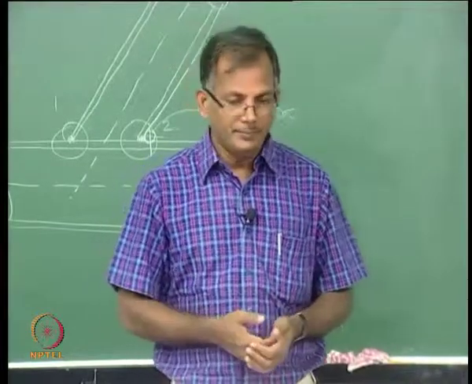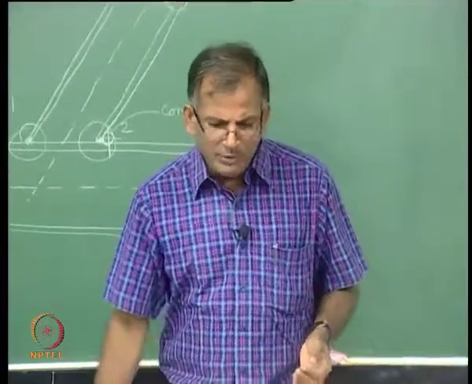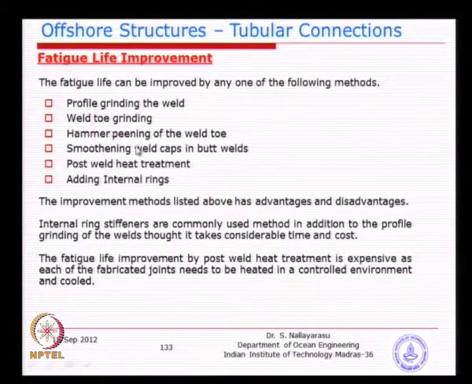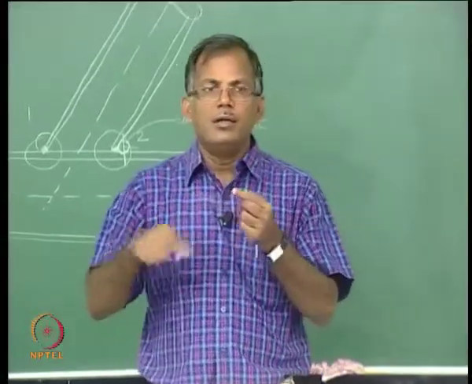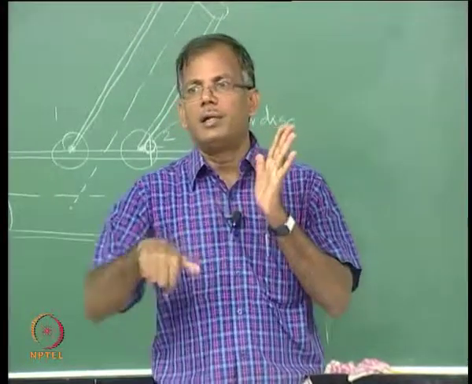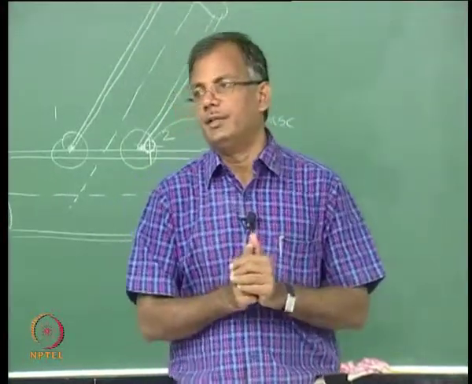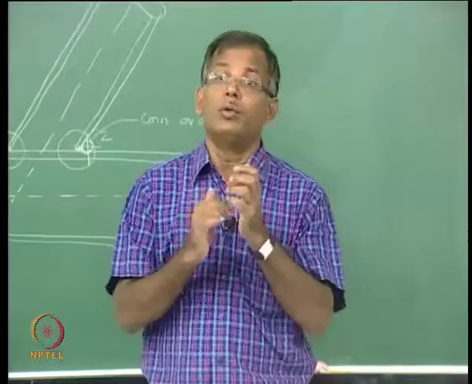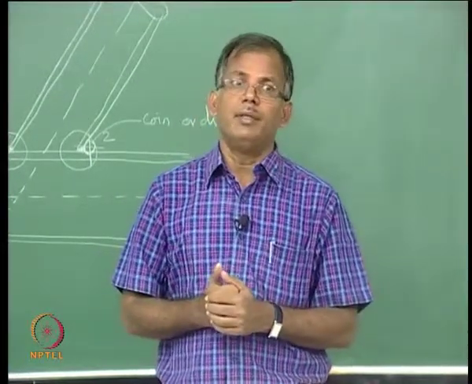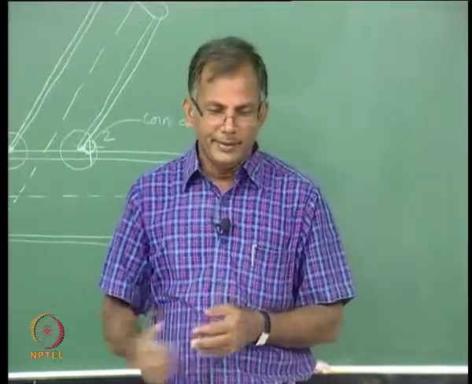The other forms of improving design life are weld toe grinding. After doing this profile, you go to the end of the weld and try to remove any discontinuity, you know, at the toe of the weld. There could be a small gap which can be removed by toe grinding.